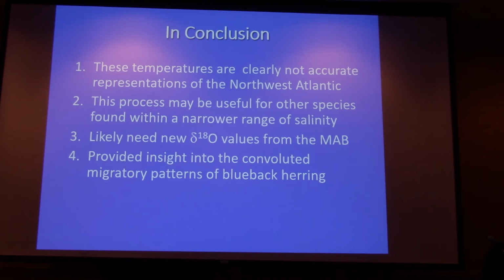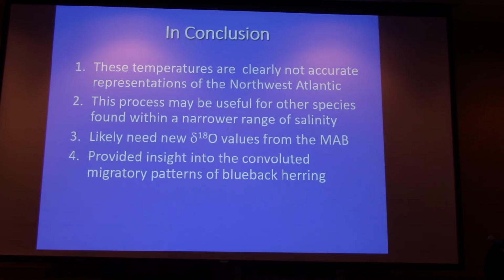But it wasn't necessarily a useless exercise. That process is useful for other species, other fish species that are probably found within a narrower range of salinity. Blueback herring, fully anadromous, go from 0 to 34 salinity. It's the entire range. It didn't really work.